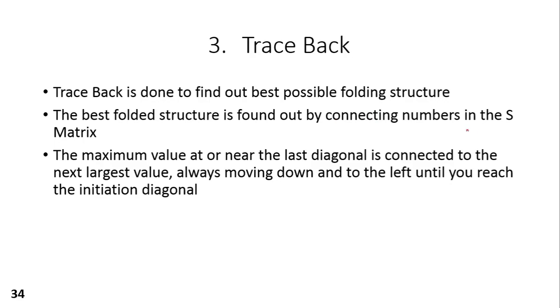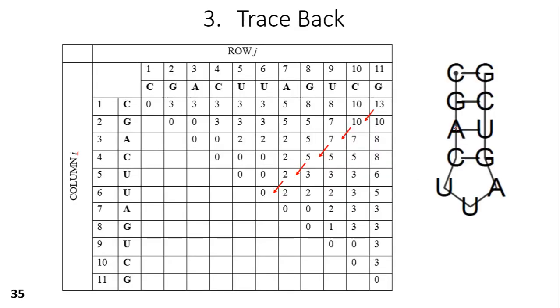The maximum value at or near the last diagonal is connected to the next largest value, always moving down and to the left, that is moving diagonally down. And you need to proceed this way until you reach the initiation diagonal, or what we call the main diagonal. So if we follow the same rule, we would begin with the maximum value in our final column.